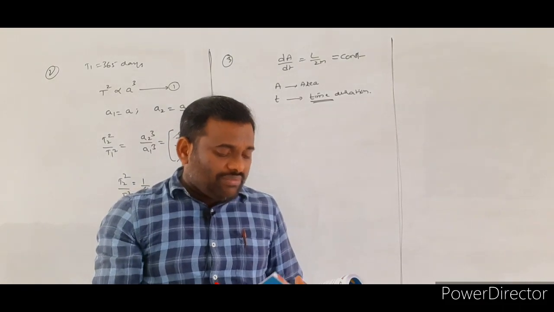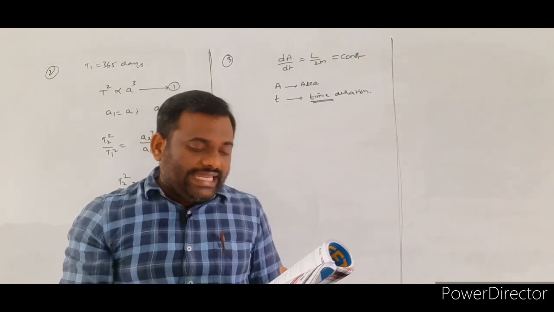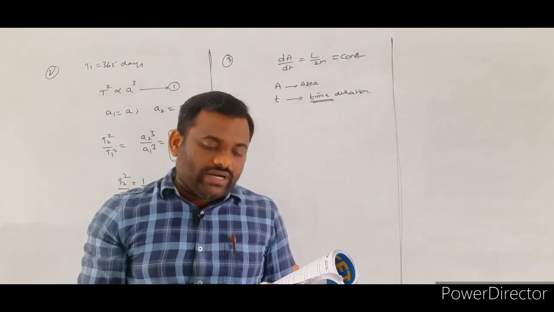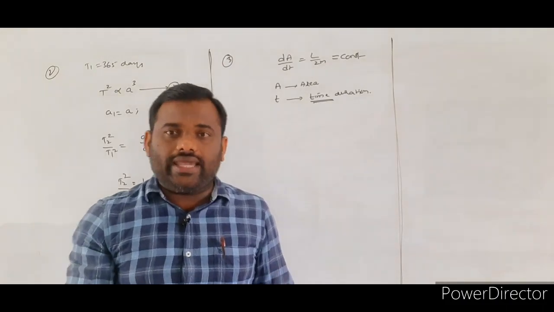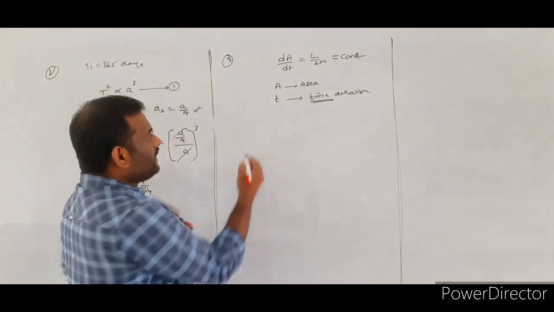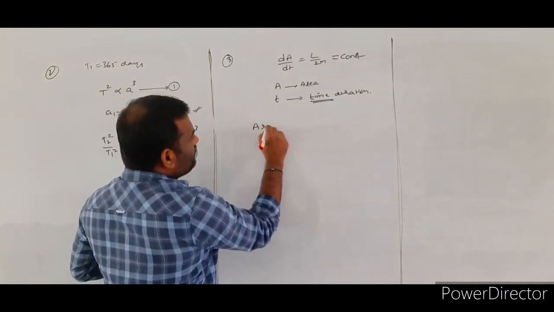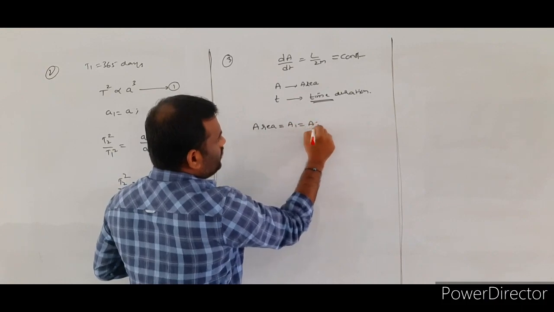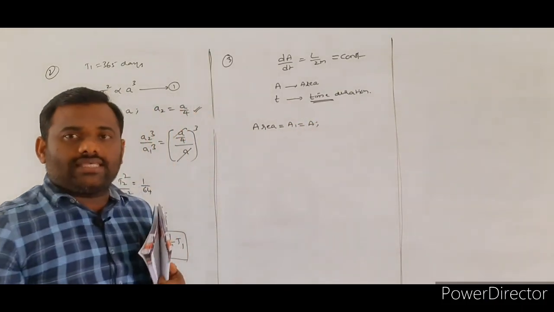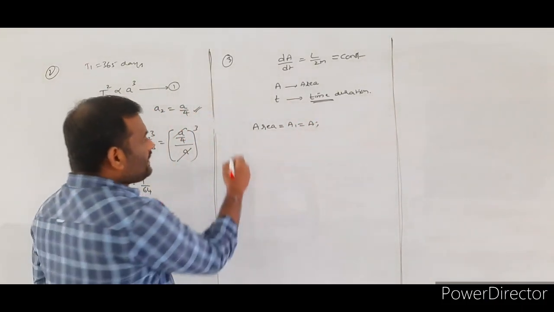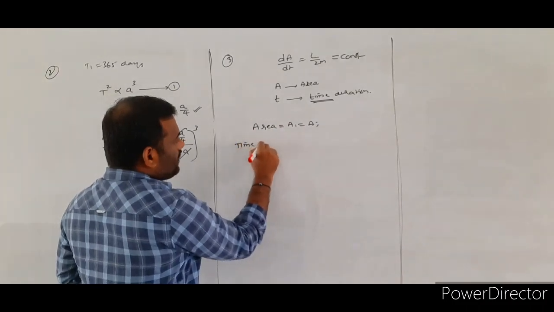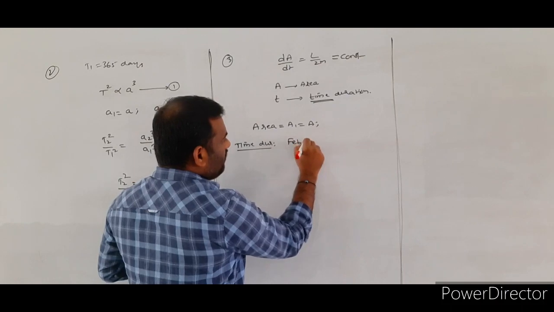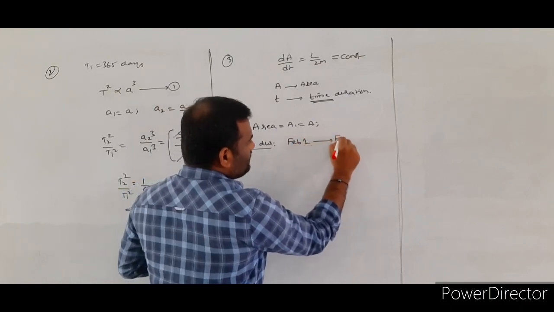In the given problem, they mentioned that the area swept by the line joining the Sun to the Earth from Feb 1 to Feb 7 is capital A. First, we write the amount of area swept by the radius vector: area A1 is equal to A. Now, we write the time duration, from Feb 1 to Feb 7.